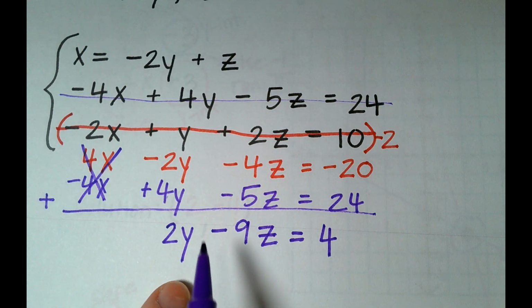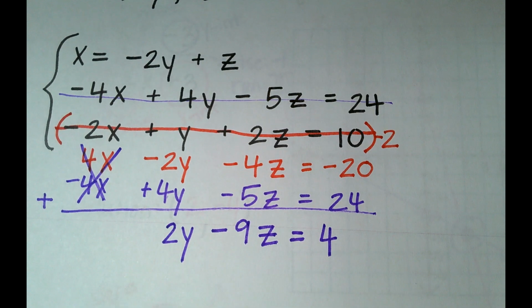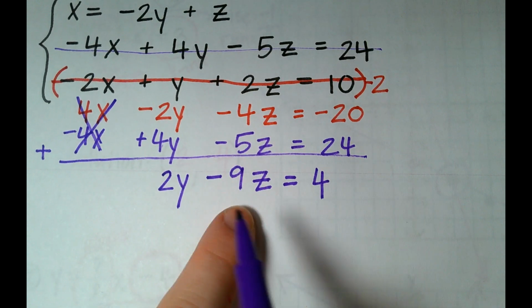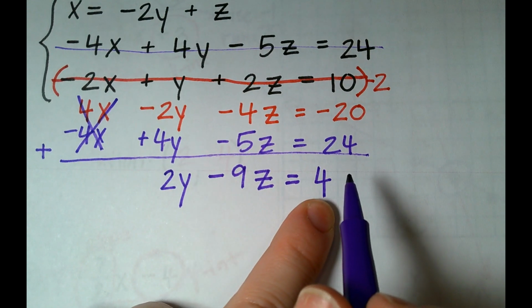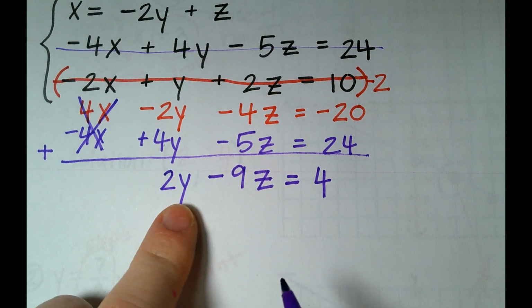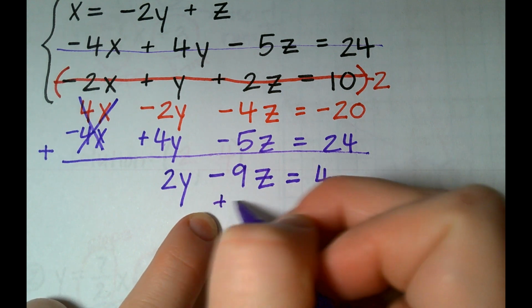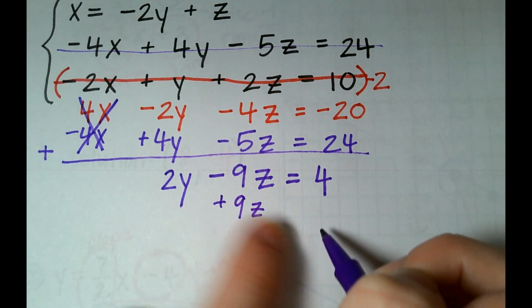What if we rearrange this equation? Let me try something. What if I add 9z to this side and try to get this equation so that it's y equals a number? So, let me show you. Let's do plus 9z on both sides.